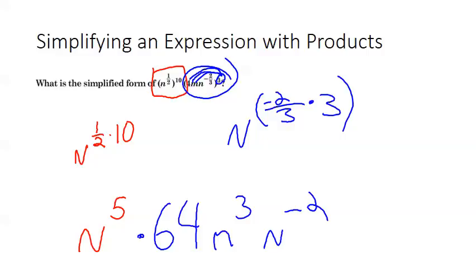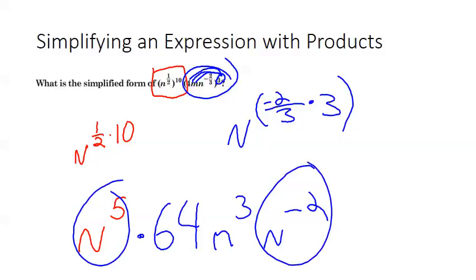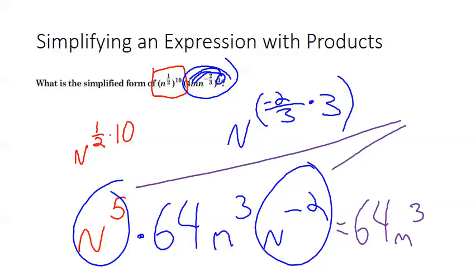Now we're not done yet, because what can we combine? These guys right here. Okay? So let's rewrite the equation. The coefficient's always going to come first, okay? So we got 64. M cubed, we're going to leave it right there. But now we've got n. N to the power of 5 minus 2, which, if you're advanced math, you know is n to the power of 3. Okay?